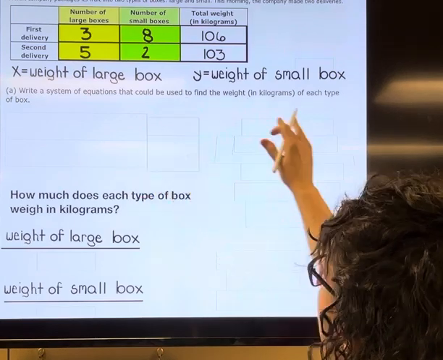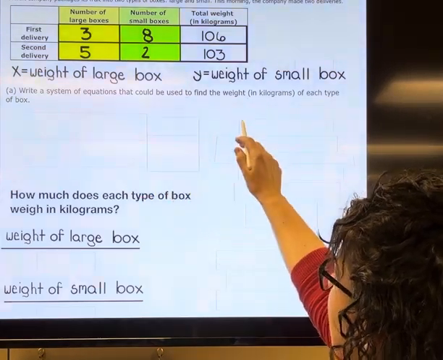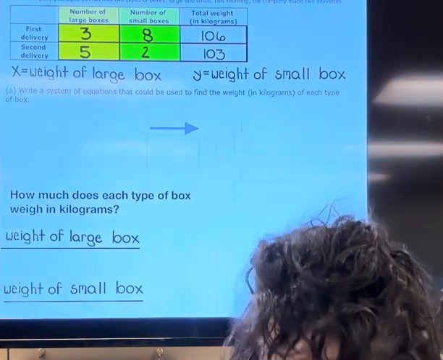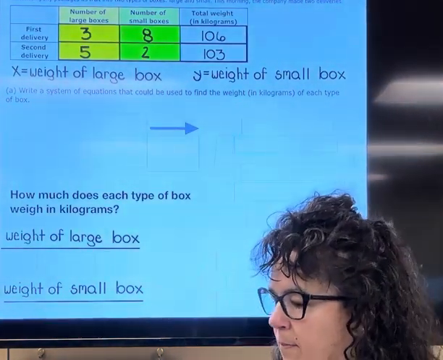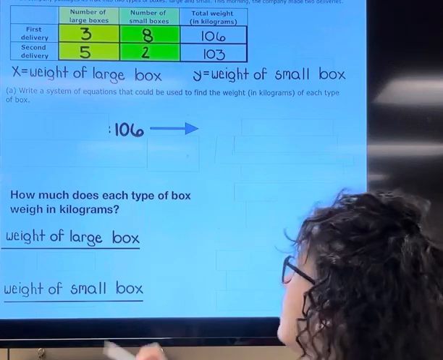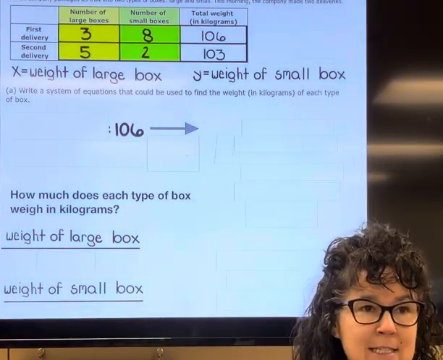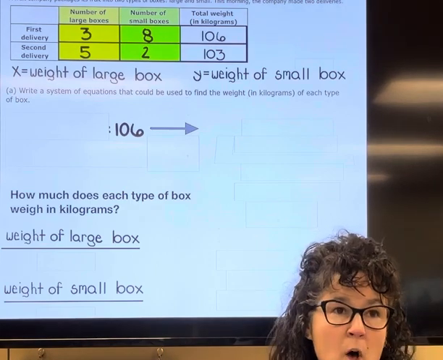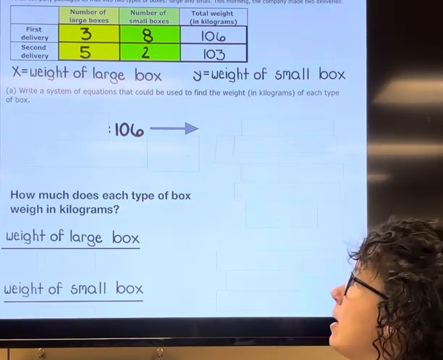And looking at my table here, we are going to have a delivery that weighs 106 kilograms. Well, what is the weight coming from? It's coming from the small boxes and the large boxes.